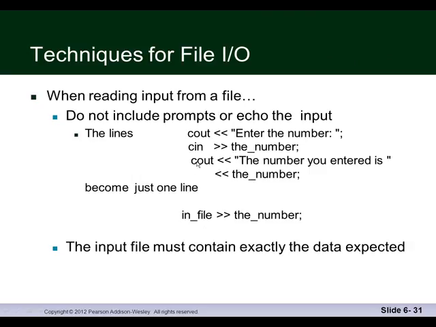This one we can put in another file or somewhere else. So the out file can be replaced over here. Do I need this cout, enter a number? No, I don't need it. The cin is going to be replaced with the in file. The cout, the number you entered is, do I need this on the screen? Or if I want to put it in another file, I'm going to change it to out file. Remember, we can mix it up.